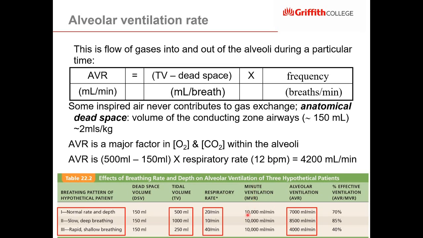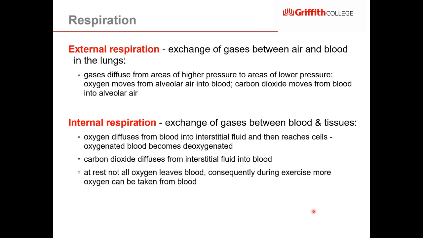So even though we're moving the same amount of air, the actual ventilation rate within the alveoli is very different. So this is why, if you have a patient that's panicking, that is in distress, tell them to slow their breathing, to not panic and pant and breathe in and out rapidly, because that's the last thing that we want.